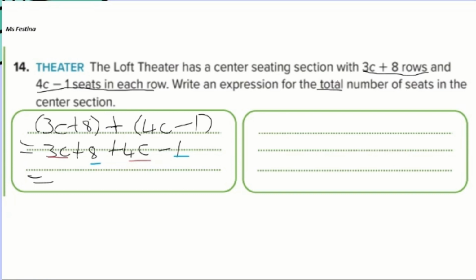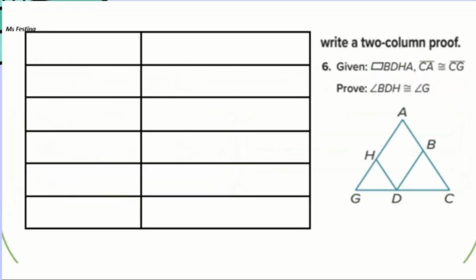So 3c plus 4c will give me 7c, and then 8 minus 1 will give you plus 7. Okay, so that is the final answer. That arrow there is just to show that I'm done. That's the total. Now let's move on to looking at the properties of different shapes that we learned about.